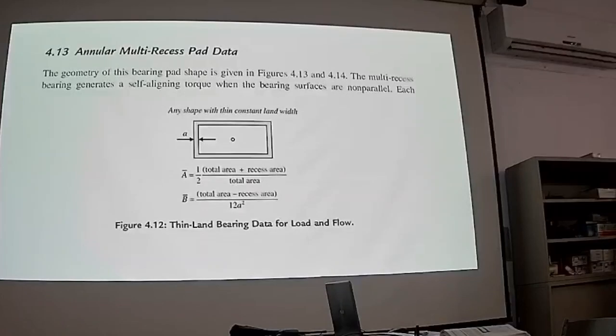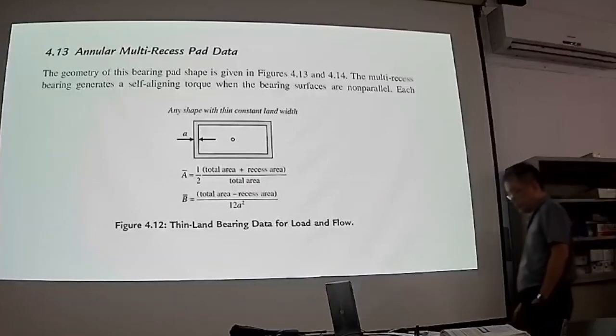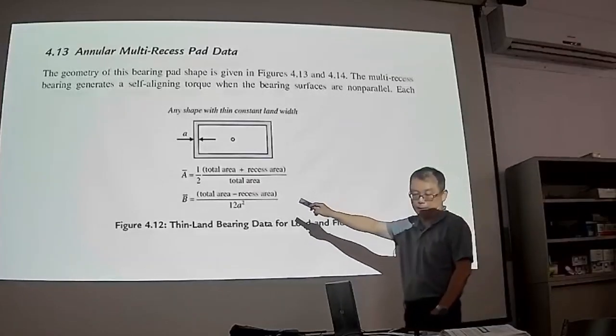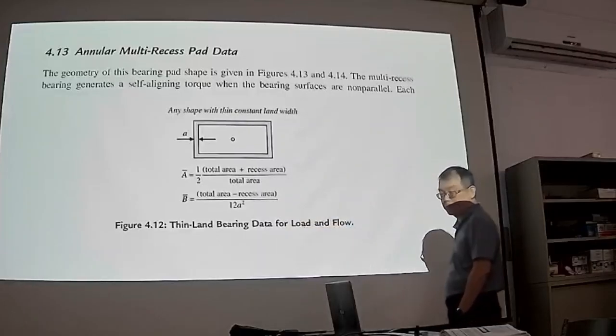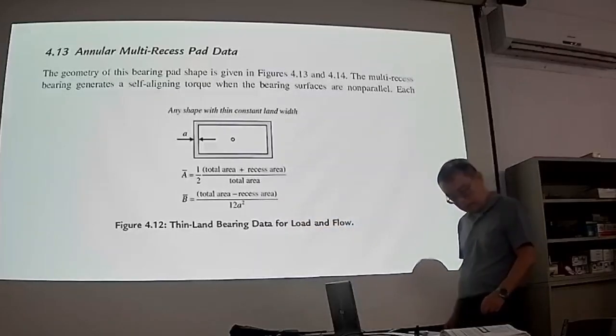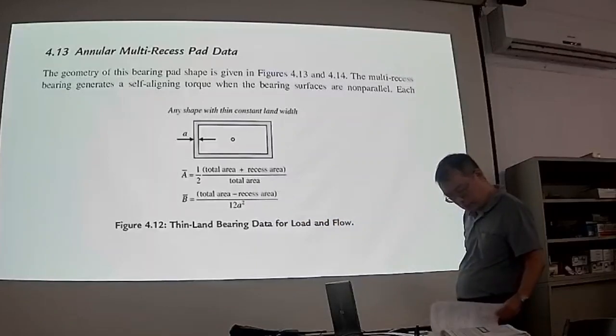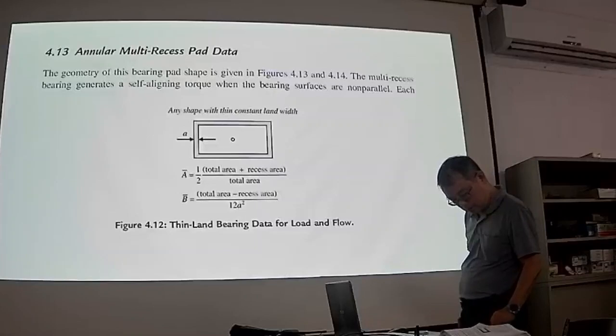So in this case, we have a formula for the A bar and B bar. This is for the rectangular bearing pad.